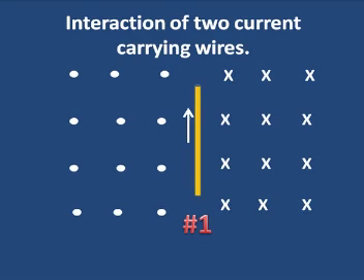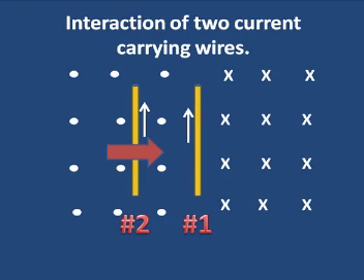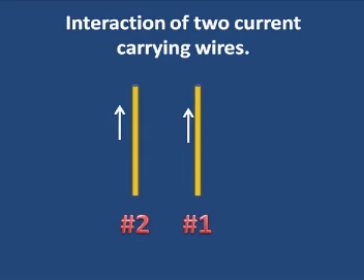So, when wire number 2 is there, it finds itself in the presence of a magnetic field with the field lines coming out of the page towards yourself. So I put my index finger in the direction of the current. My middle finger points towards my face. And which way does my thumb point? Wire number 2 is pushed towards the right. Now, let's see what happens to wire number 1. So we'll only look at wire 2.